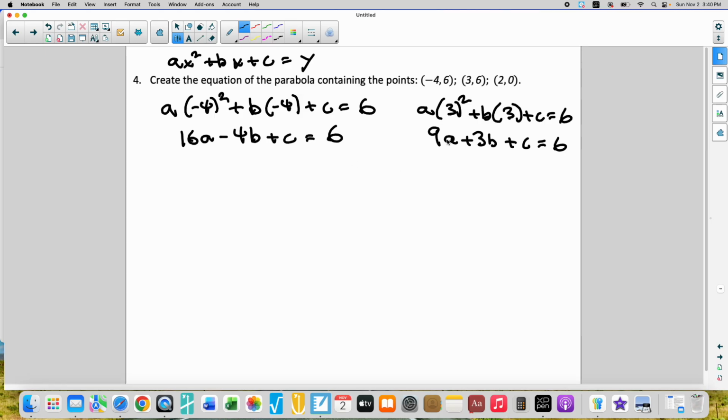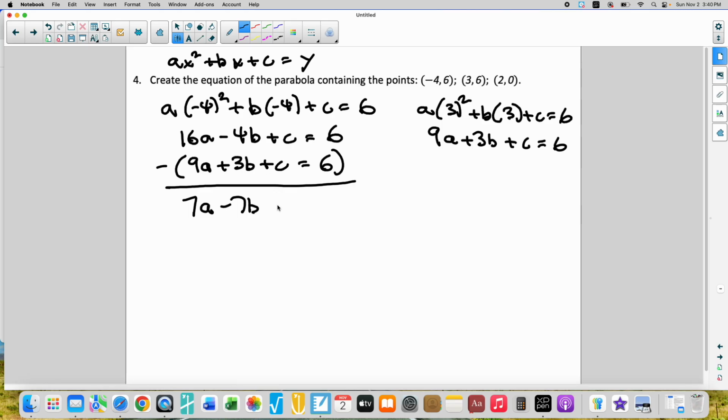And if we subtract these two from each other, subtract that quantity, 9a plus 3b plus c equals 6, if we distribute that out, that's a minus, minus, and minus. So that would give us 7a, negative 7b, these would cancel, equals 0. And now we have one statement without the c, which is good.